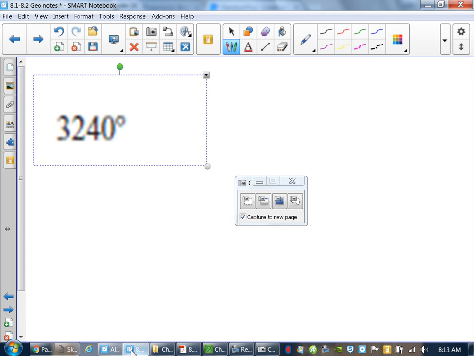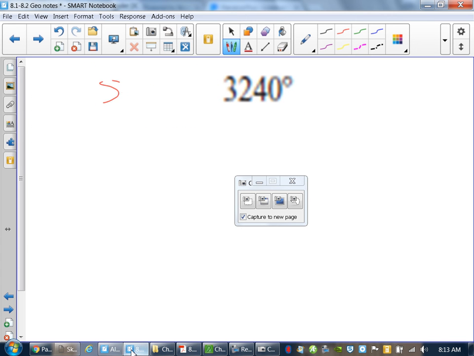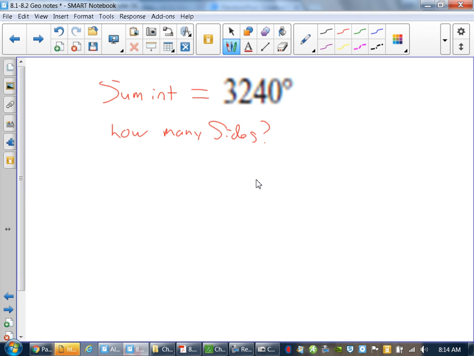Let's work backwards. They give you that the sum of the interior is 3240. How many sides is it?